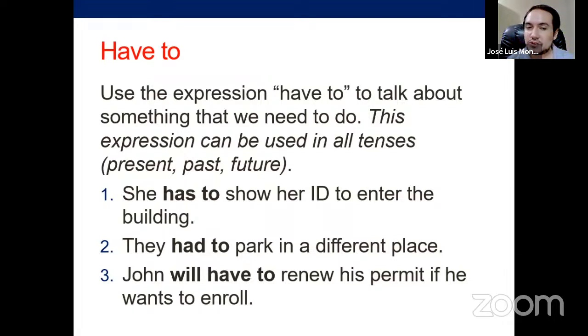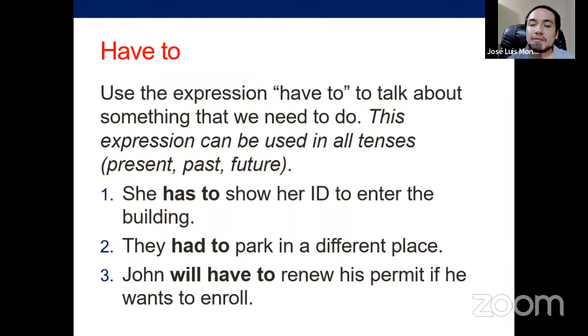Present, past, future. So: She has to show her ID. That's simple present, to show a necessity. They had to park in a different place, simple past, a necessity in the past.